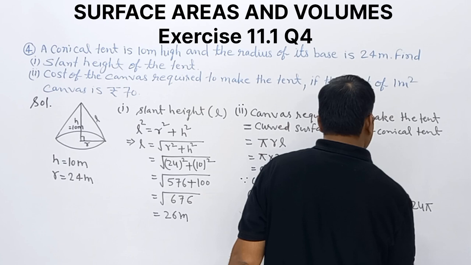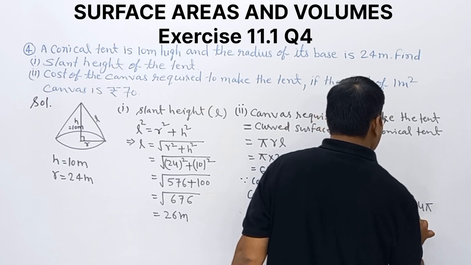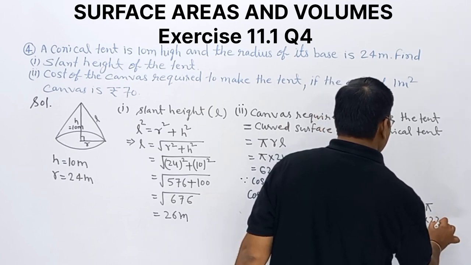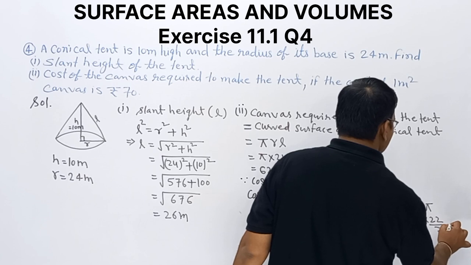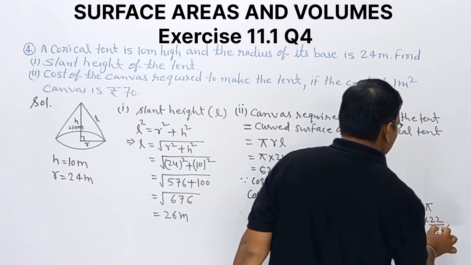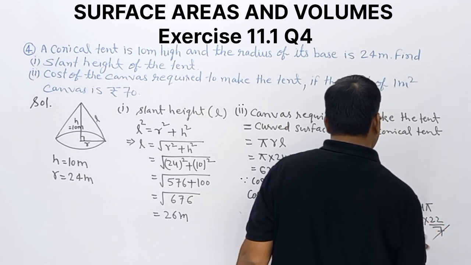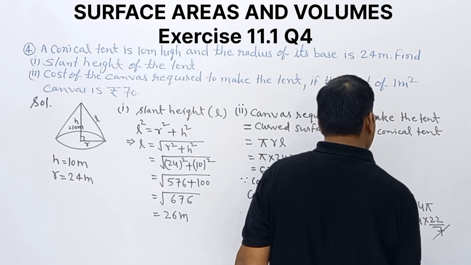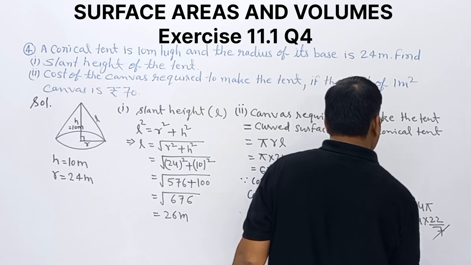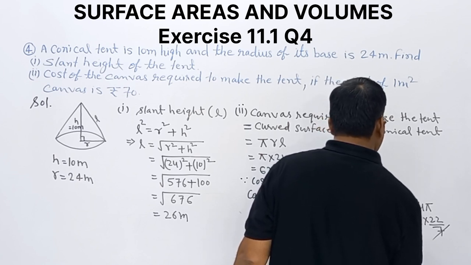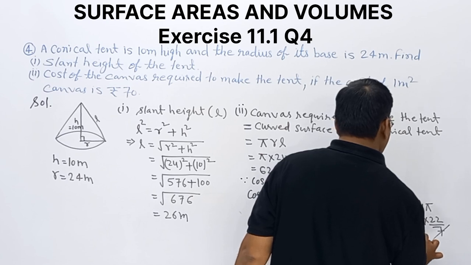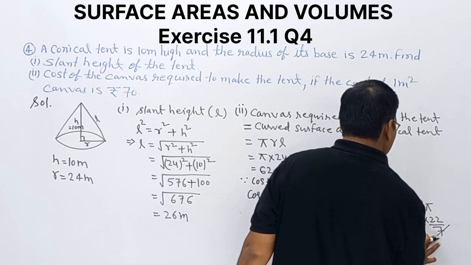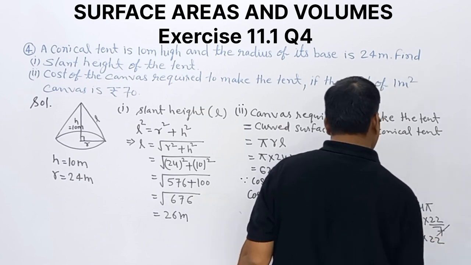This can be written as 70 into 624 into 22 by 7. Now this 7 will cancel with 70, 10 times. So we get 10 into 624 into 22.